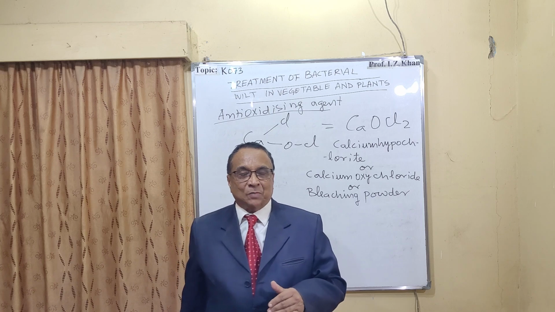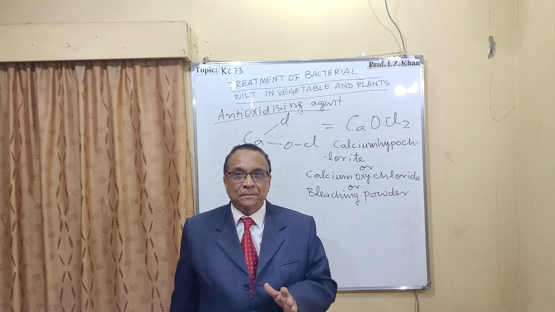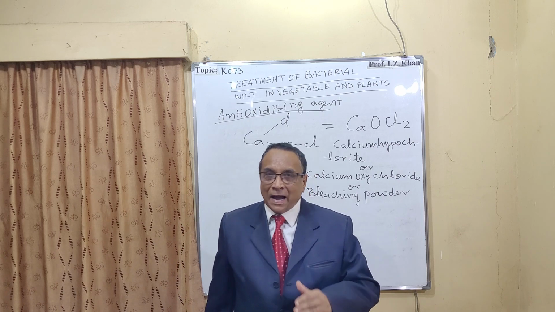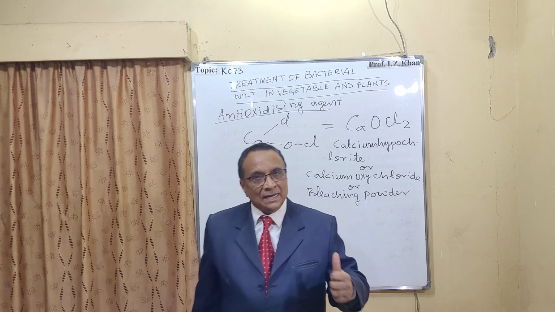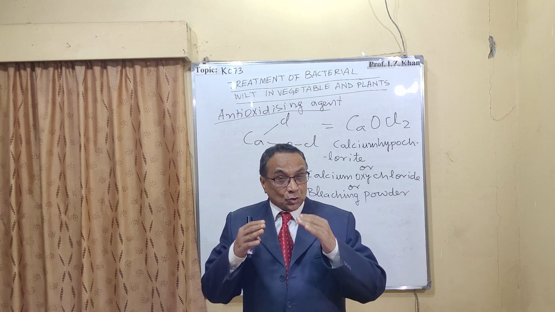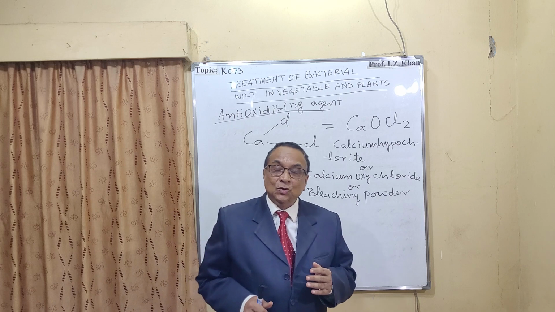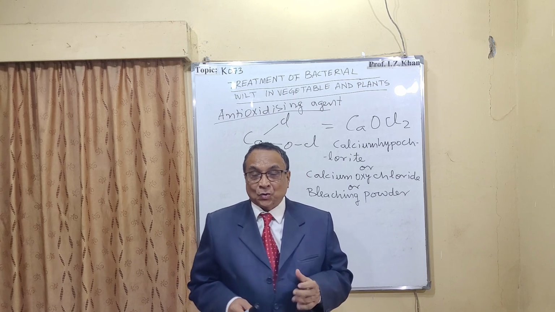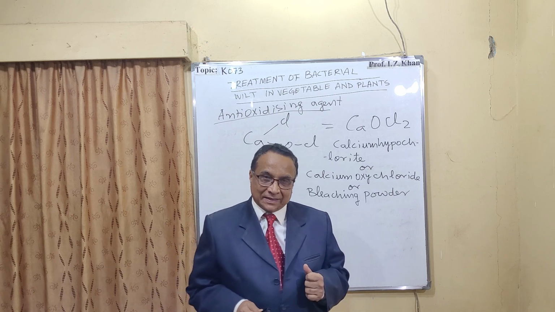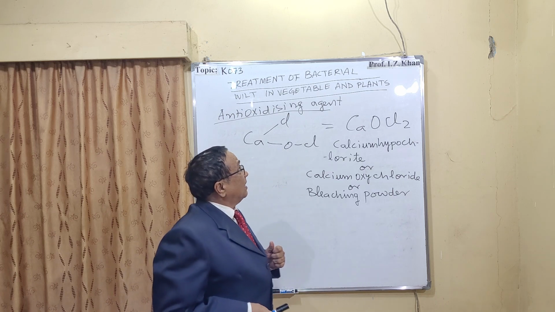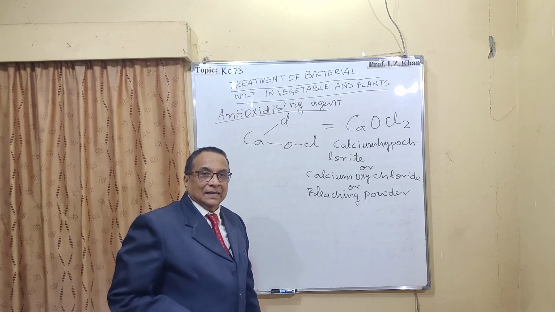Once water is treated with this bleaching powder, it is germ free and microorganism free, and we can use it for drinking purposes. So the same bleaching powder can be used in soil to clear the soil bacteria which are responsible for infecting and causing bacterial wilt in the plant.